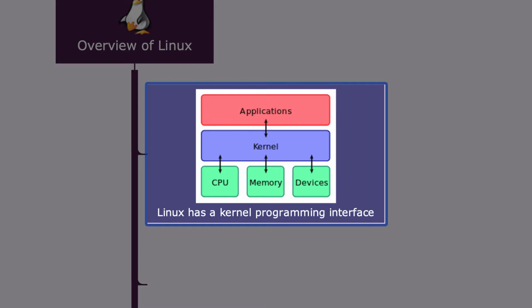Now, the programs interact with the kernel through system calls, special functions with well-known names. A programmer, for example, can use a single system call to interact with many kinds of devices. And so the Linux kernel is itself the heart of the operating system.